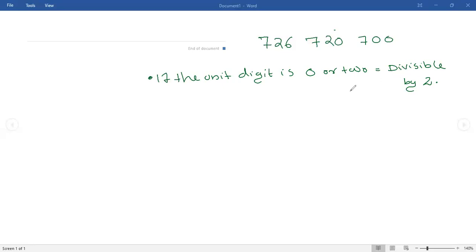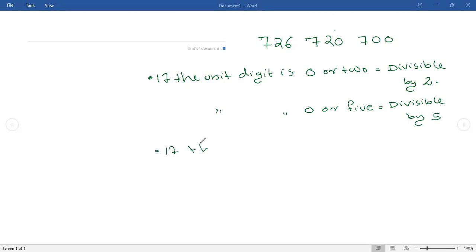So if the unit digit is 0 or 2, you can divide it by 2. Or if the unit digit is 0 or 5, no doubt at all, that will be divisible by 5.